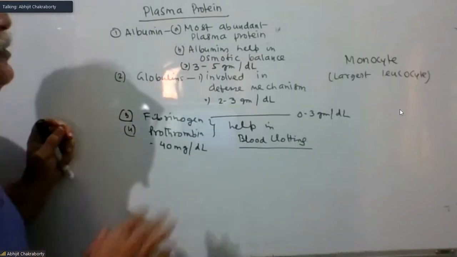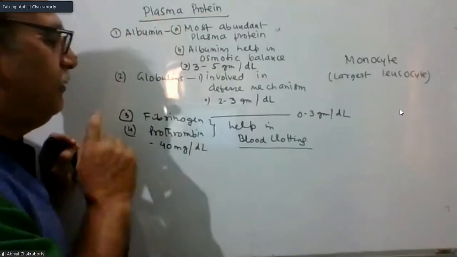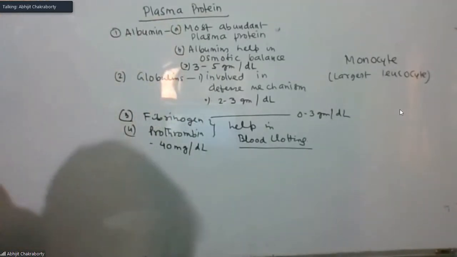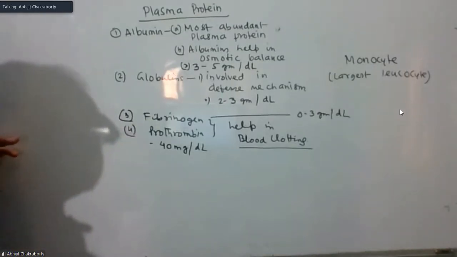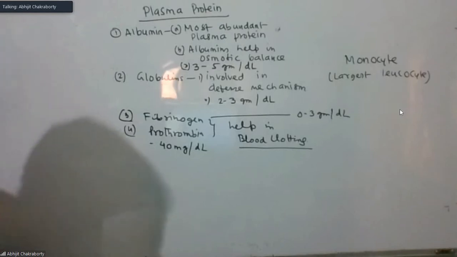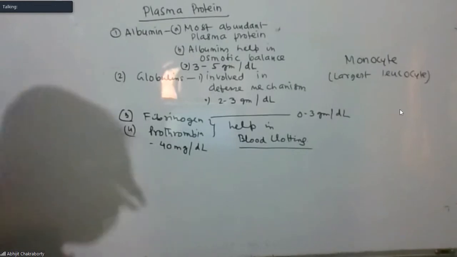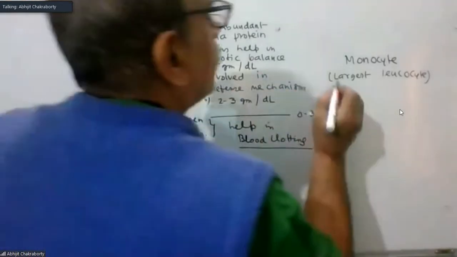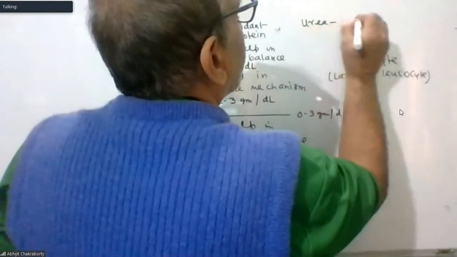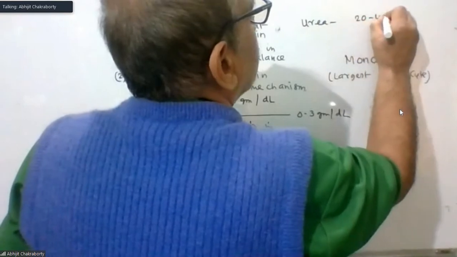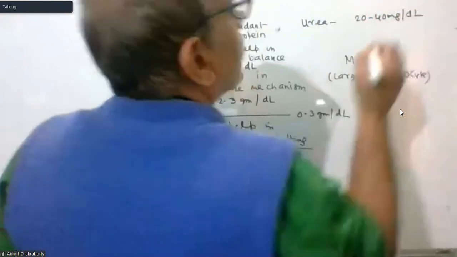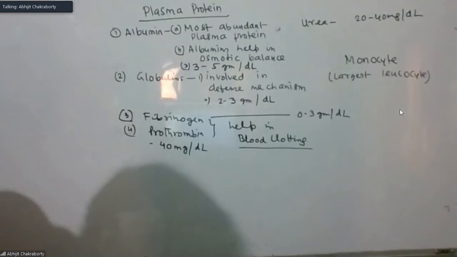Then comes the role of albumin, globulin, fibrinogen, prothrombin, clear. Now regarding some NPN compounds, you need to remember the amount: basically urea, uric acid, creatinine. Urea is 20 to 40 milligram per deciliter.